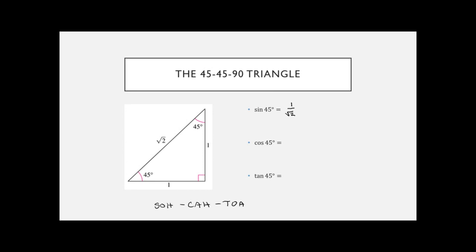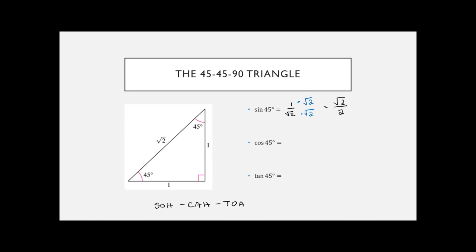Now, we don't keep it in that form because we don't want to have square roots in the denominator, so we're going to rationalize the denominator by multiplying the top and the bottom by square root of 2. So that will get rid of the square root of 2 in our denominator. And so the sine of 45 degrees is the square root of 2 over 2.